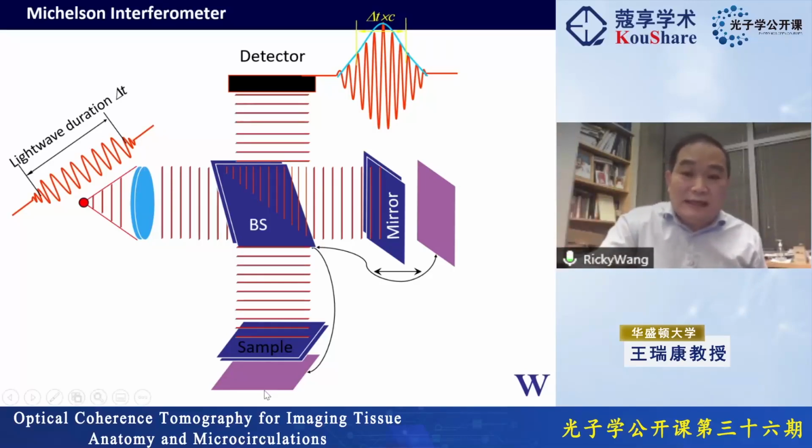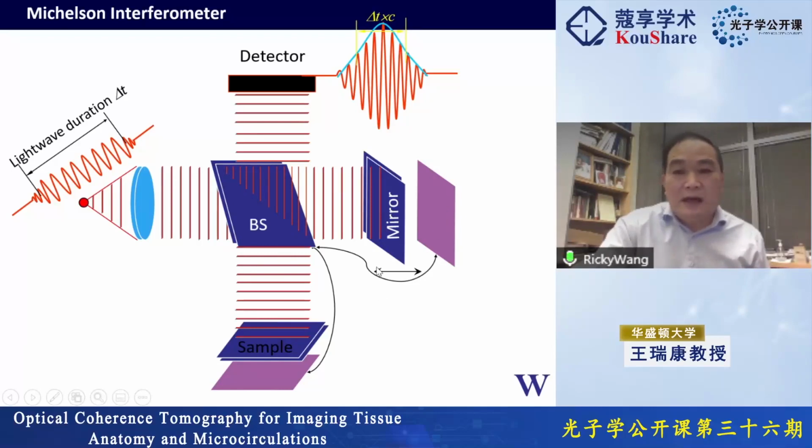So the light echoes from the tissue were bouncing back from the different layers of the tissue, okay? And these different echoes, encoded with the timing or distance, emerge at the tissue surface. And then all these echoes were pushed back into the beam splitter and mixed with your reference light, okay?